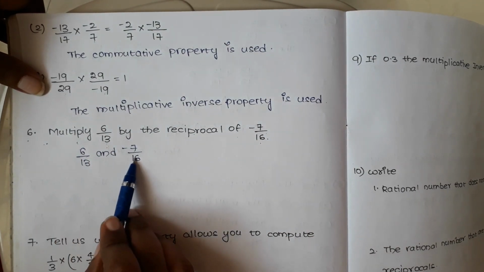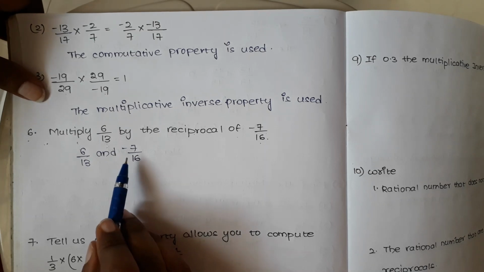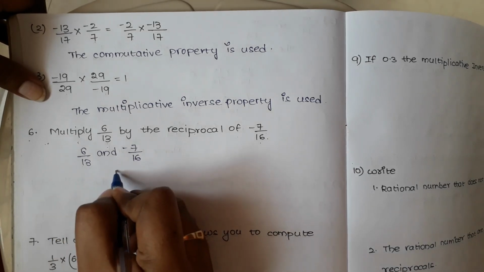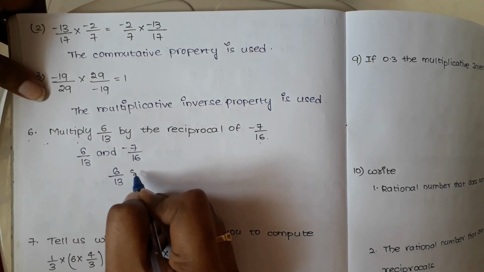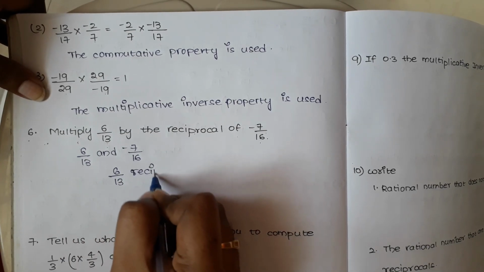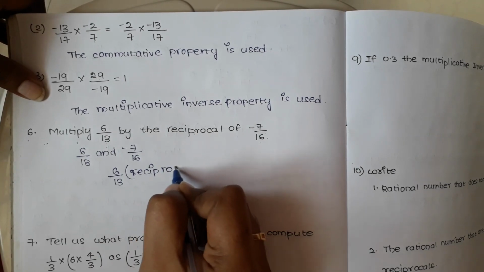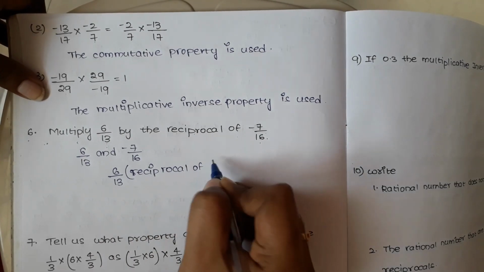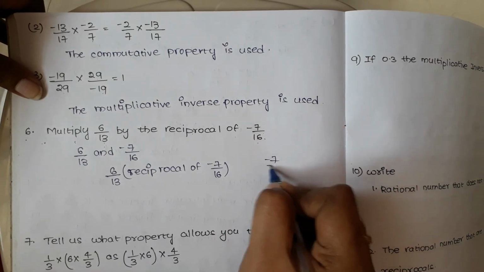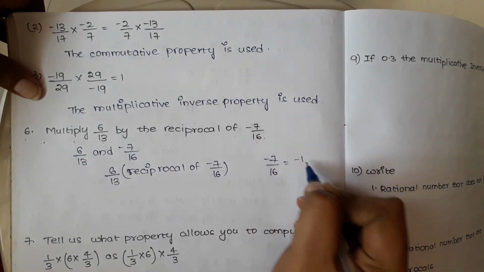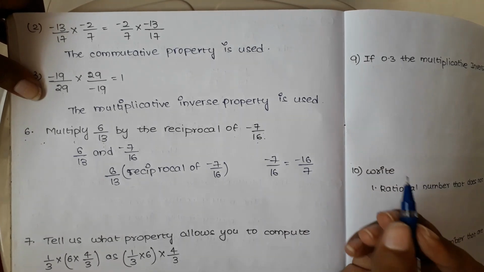The 6 by 13 should be multiplied with the reciprocal of minus 7 by 16. As we know, the reciprocal of minus 7 by 16 equals minus 16 by 7.